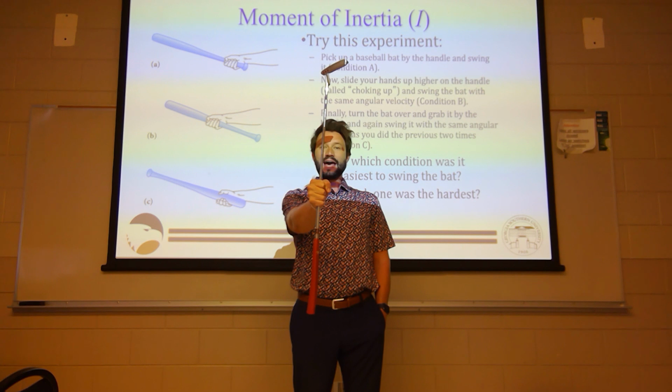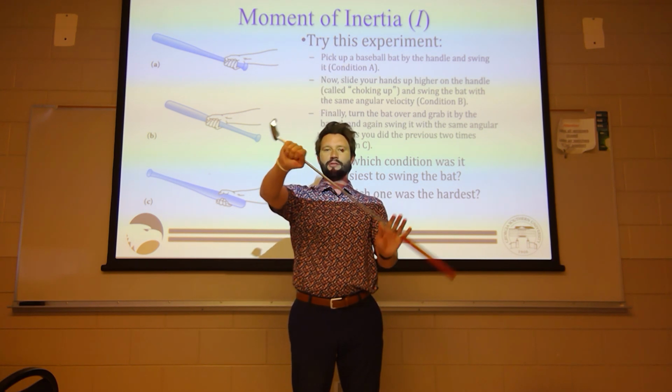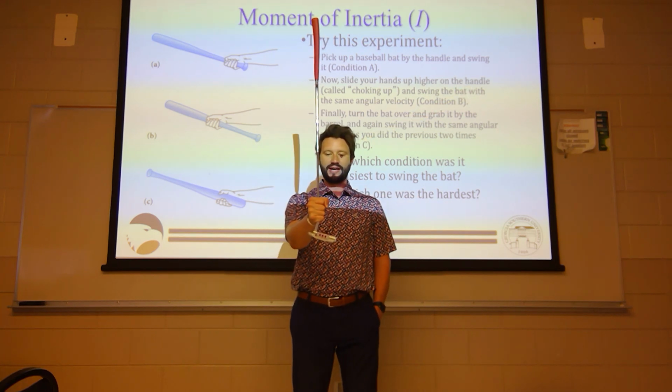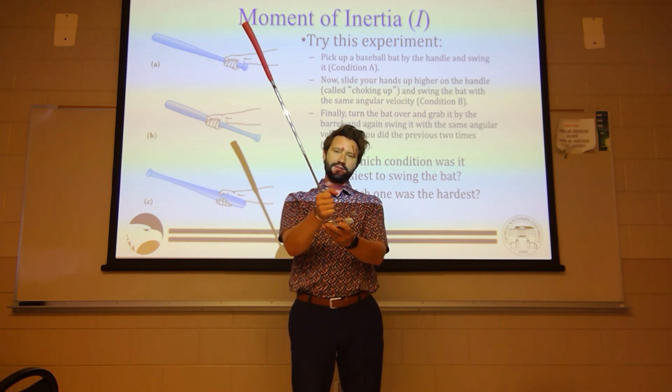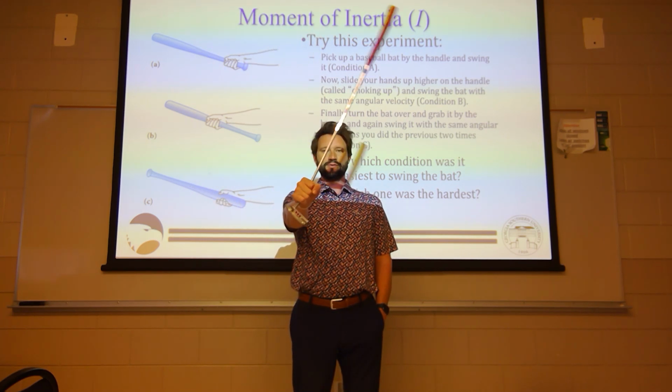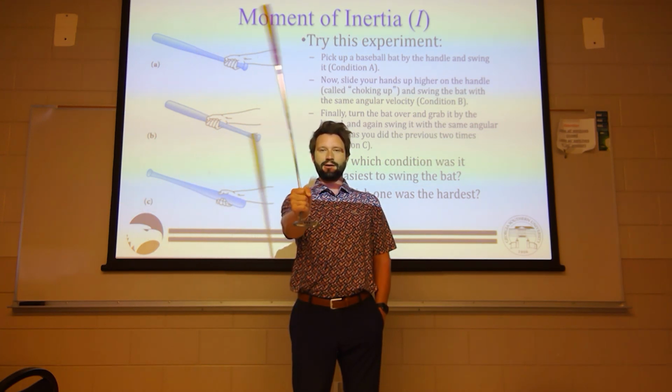Once you've got that, lastly, go all the way down to the other end, so you're basically holding it upside down. I'm right down at the bottom, just at the head of this glove. Do the same thing now, rotating it back and forth, these little half circle motions, again gauging how that feels.